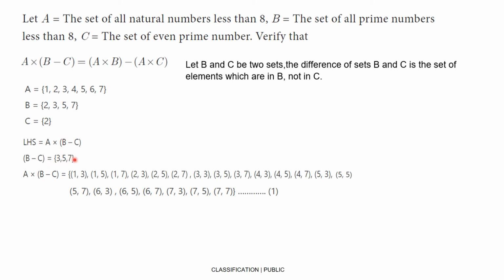As usual, A cross (B minus C). A is what? 1 to 7. B minus C is 3, 5, 7.